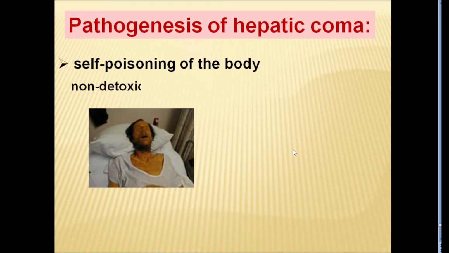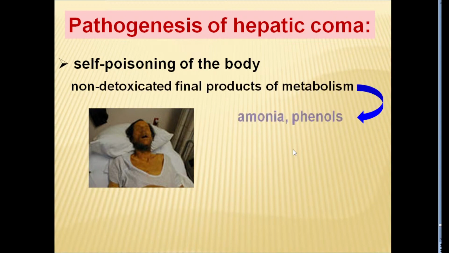Pathogenic mechanism of hepatic coma. First of all, it is self-poisoning of the body due to retention of non-detoxified final products of ammonia and phenol metabolism. And first of all, it is the result of toxic protein metabolism.